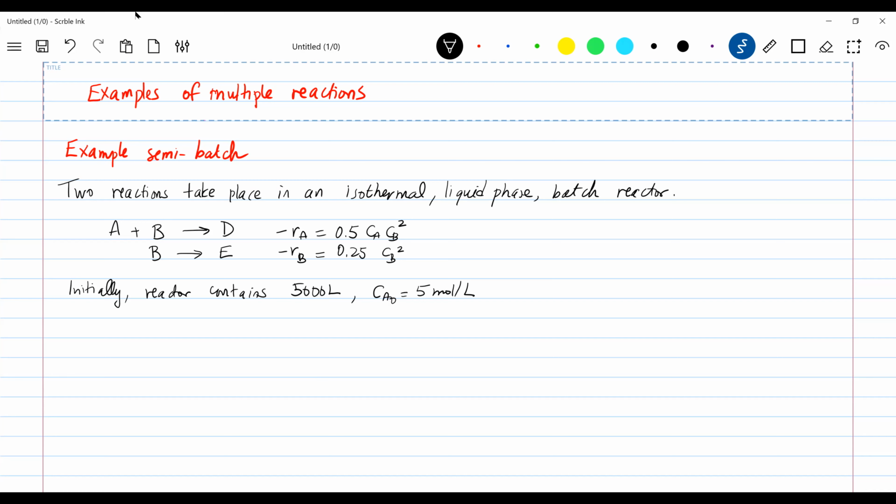Did I change it? I changed it. CA0 is 1 mole per liter, and CB0 is 10. But we'll change it later. We can change it if we want. Okay, so mole per liter, and at time t0, so when the reaction starts, A is fed at a concentration of 2 mole per liter.